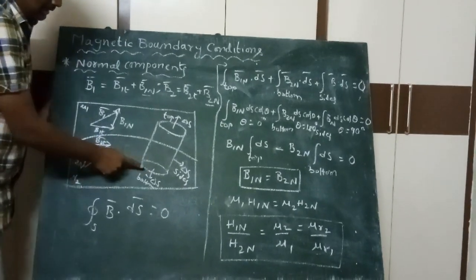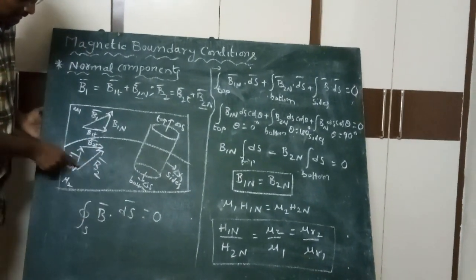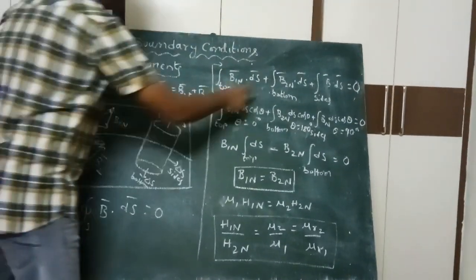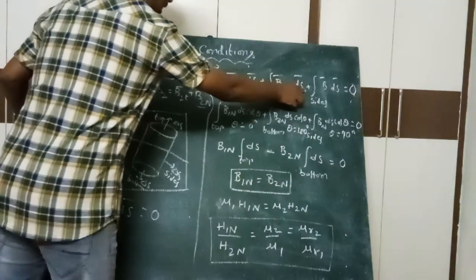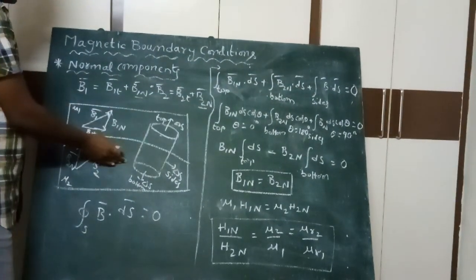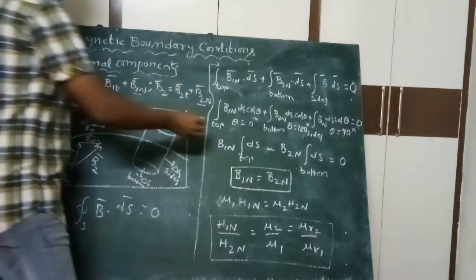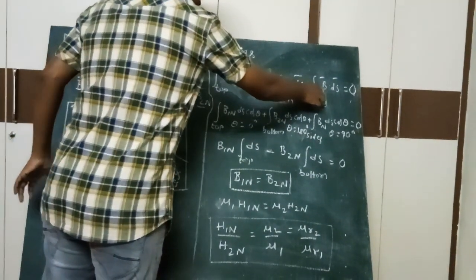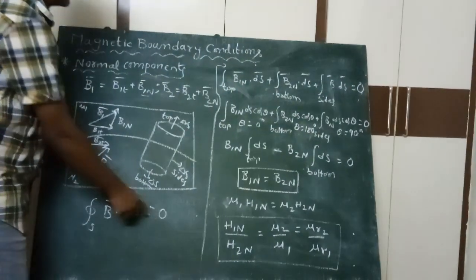This bottom surface is in the second magnetic material, so in place of B bar we substitute B2n. So B2n dot dS bar, plus the sides. The sides are in both the first magnetic material and also the second magnetic material, that's why I use B bar. Okay, so the closed integral of B bar dot dS bar is equal to 0.